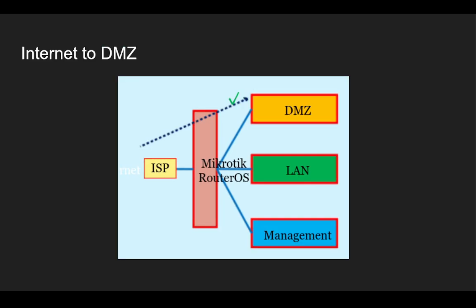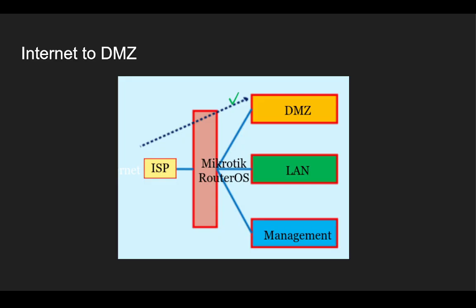The recommendation is basically in the DMZ. We have here the servers, the web servers, the databases, and more. So here we have to enable the traffic from the outside, the internet, in direction to the DMZ.